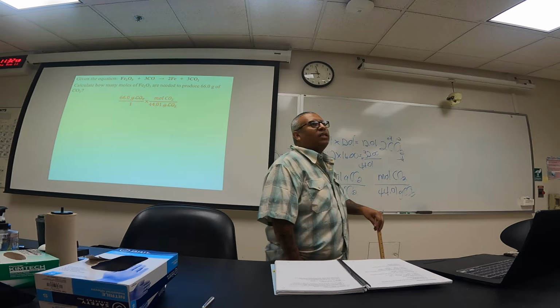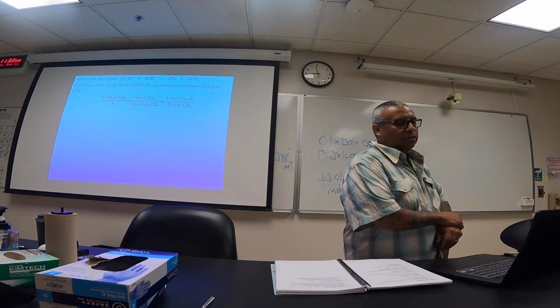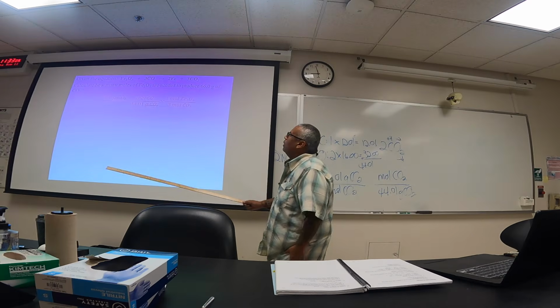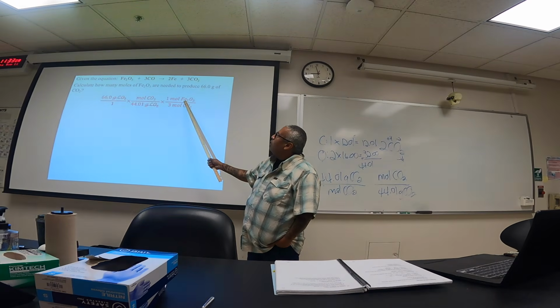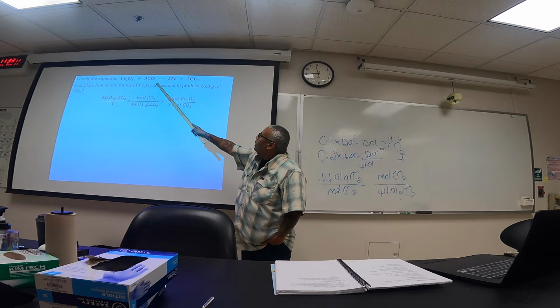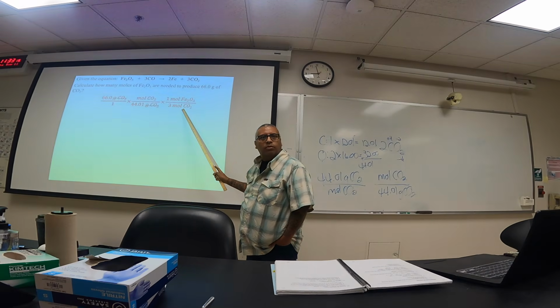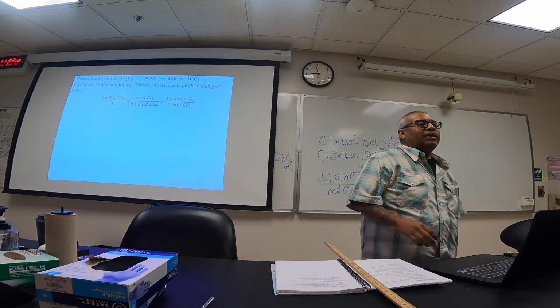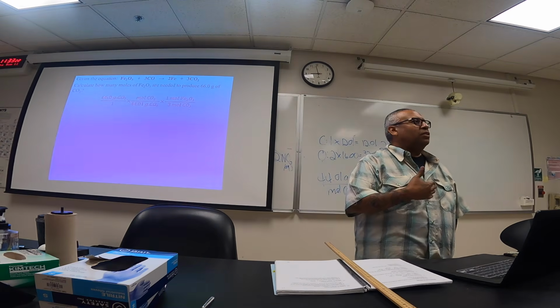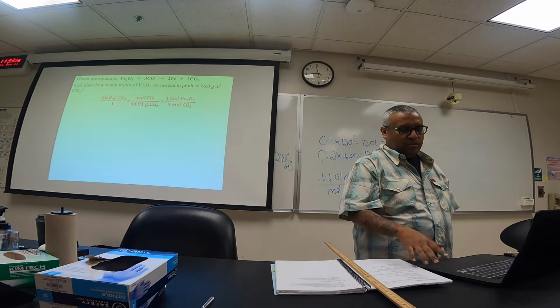Where do we get our mole ratio? From the chemical reaction. For every 1 mole of iron oxide, we need 3 moles of CO2. And this is the only way to do that. We can't get that information anywhere else except for the balanced equation.